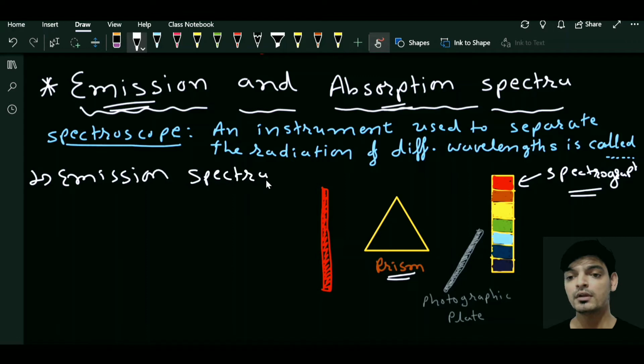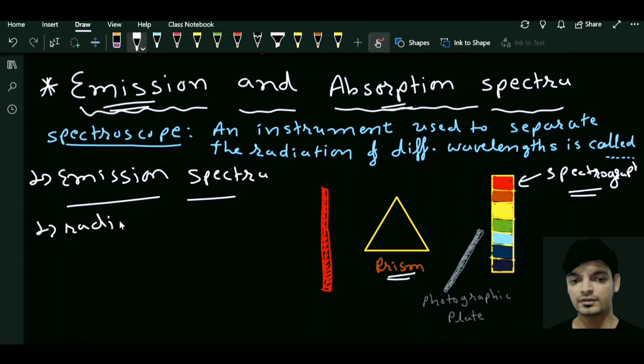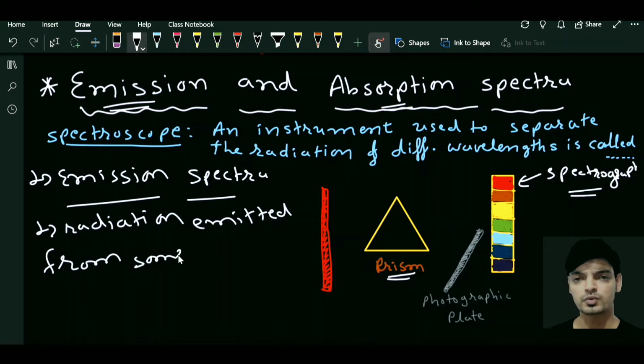Emission means the radiation emitted from some source. Which kind of source? For example, we generally get light from the sunlight, so the sun is the source.